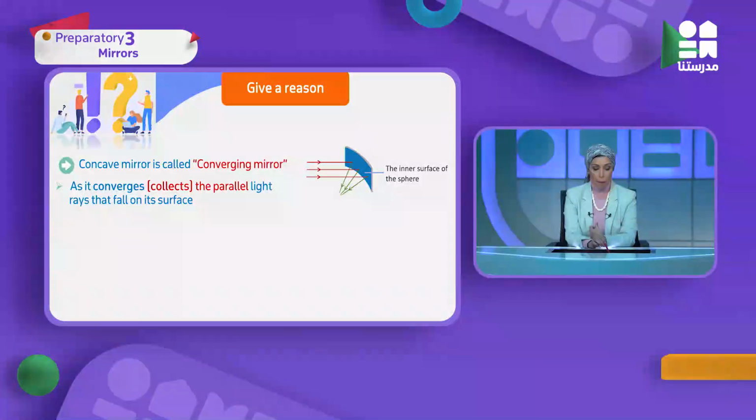They reflect. How do they reflect? By collecting. They collect in a point. This point is called the focus. We know the meaning of focus from the plane mirror, and now the focus is the point of collection of the reflected rays. So when parallel rays fall on the reflecting surface, they converge or collect. That is why we call it converging or collecting.